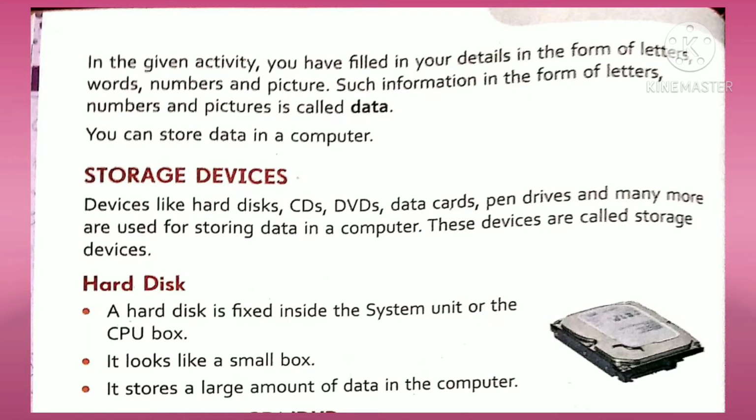It stores a large amount of data in the computer. That means whatever we want to keep in the hard disk, we can keep a large amount of information. That is called data. That means we can store a large amount of information in the computer.